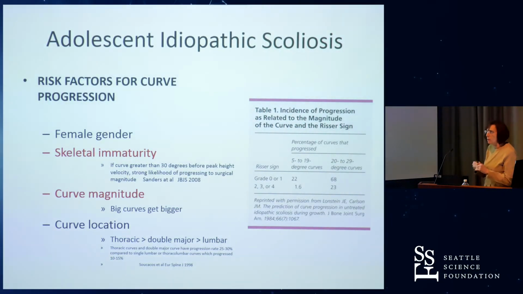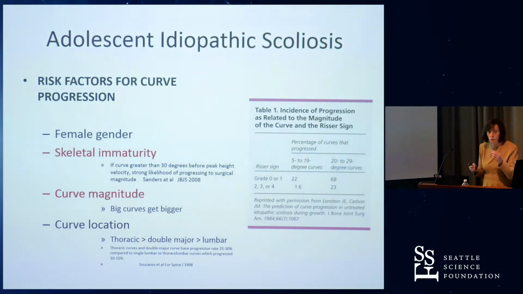Small curves stay small, big curves get bigger. Which ones get bigger? There really is this interplay between age, and that, if there's anything, it's age, or at least level of skeletal maturity, which speaks to those curves that are at most risk for getting bigger.